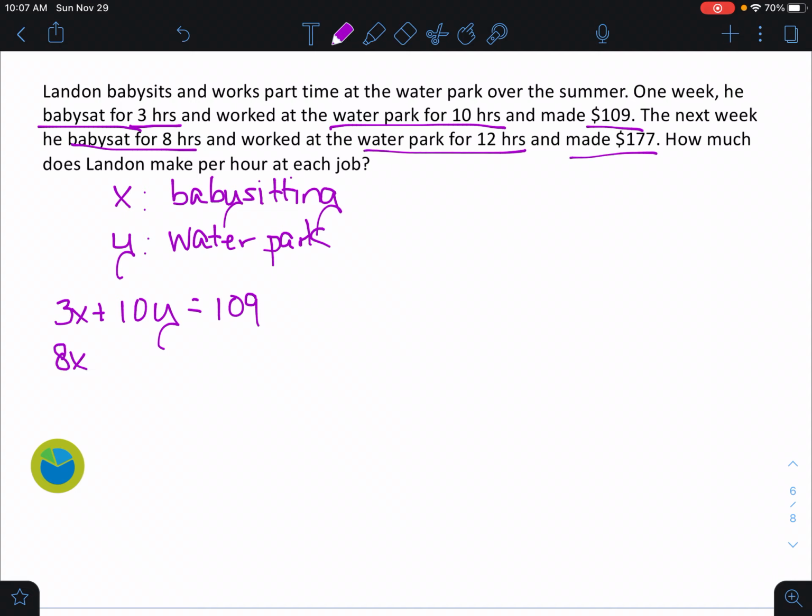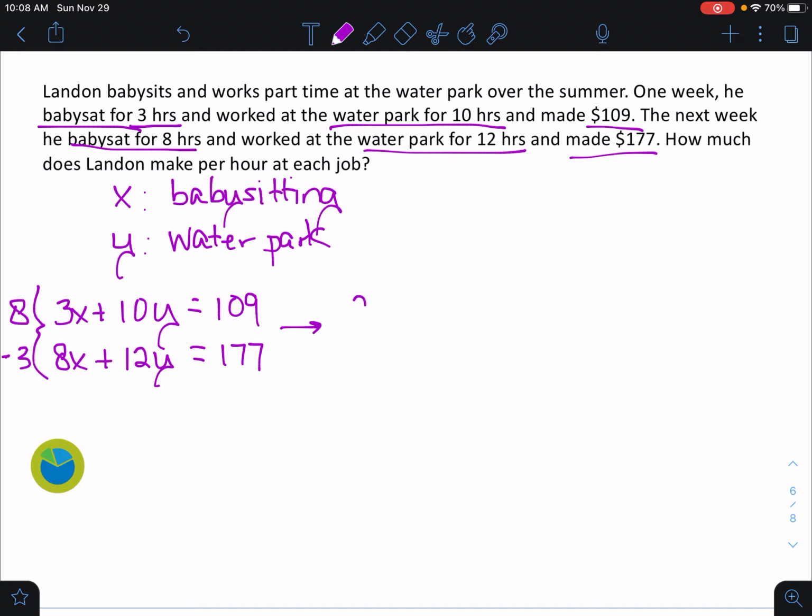So 8x plus 12y equals 177. And now I want to solve this. Okay, so I guess I would want to multiply maybe the top one here by 8 and the bottom one here by -3 to eliminate x this time.